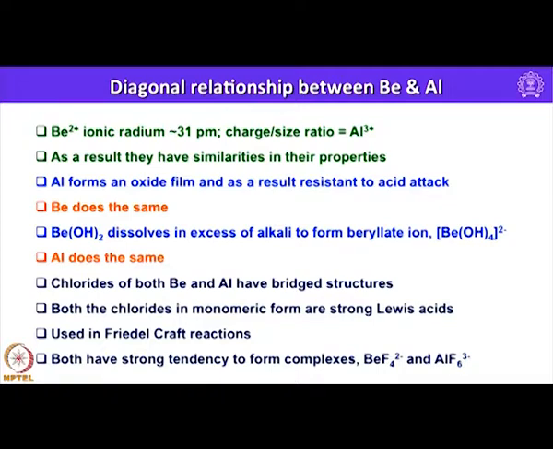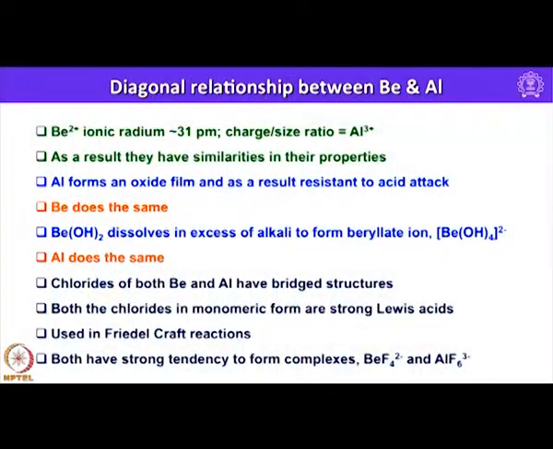Aluminum forms an oxide film and as a result resistant to acid attack. Beryllium also forms the same, it forms a beryllium oxide layer, okay, and thus prevents from further attack. And beryllium hydroxide dissolves in excess of alkali to form beryllate, that means tetrahydroxyberylate. Aluminum does the same, it forms tetrahydroxyaluminate.